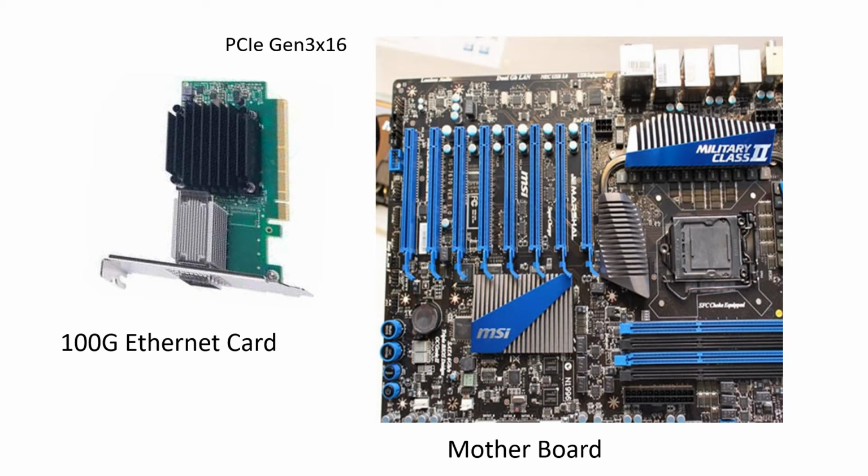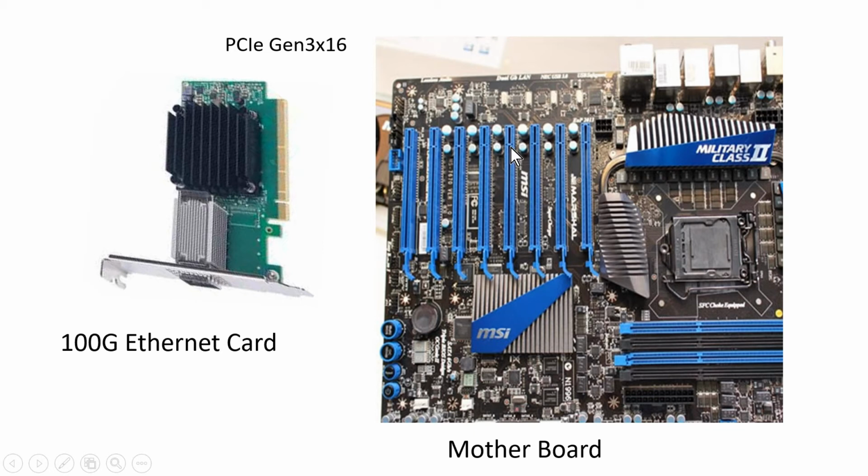Now let me tell you the answer to the problem I was facing. So when I connected this 100 gig card on this host machine on one of the slots, if you observe, physically all the slots have by 16 structures. But friends, for your information, all the slots cannot get 16 PCI signals. Some of the slots get 16 PCI signals, but some of them will get only 8 PCI signals.